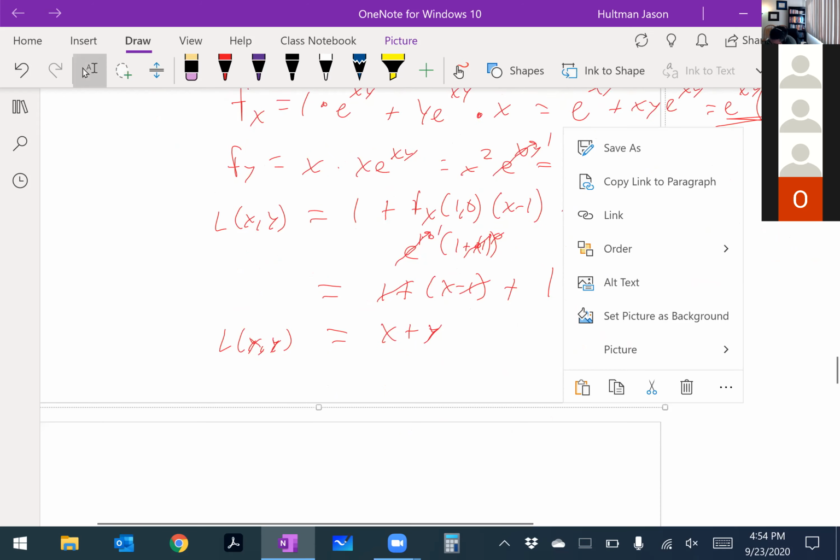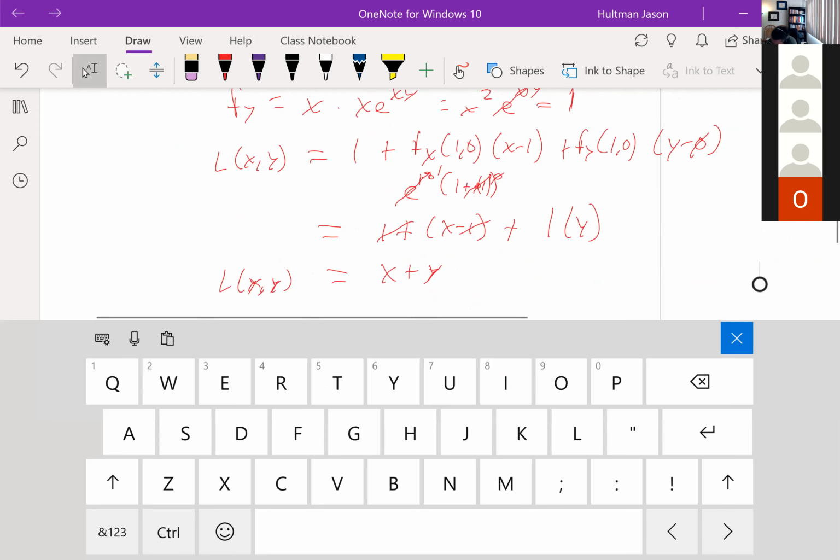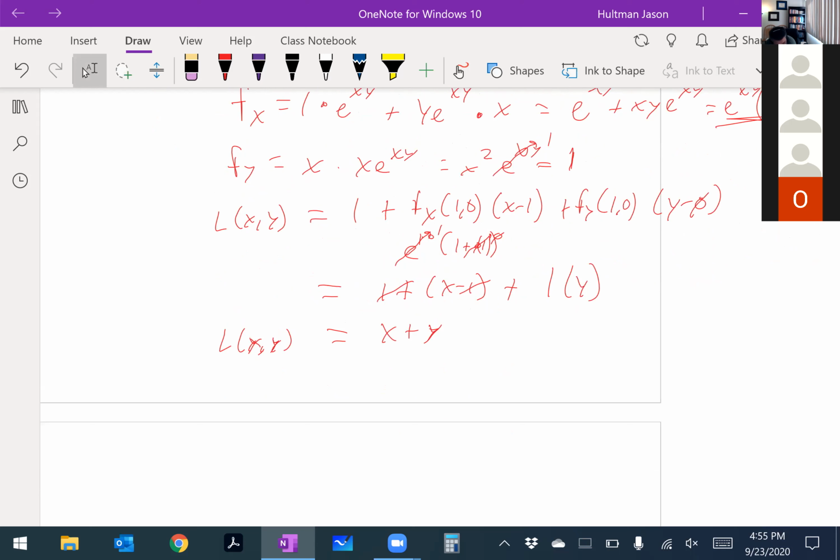So how is this going to help me? I want to get a linear approximation of f of 1.1, negative 0.1. We're only 1/10 away from where we started, in the x direction and in the y direction.